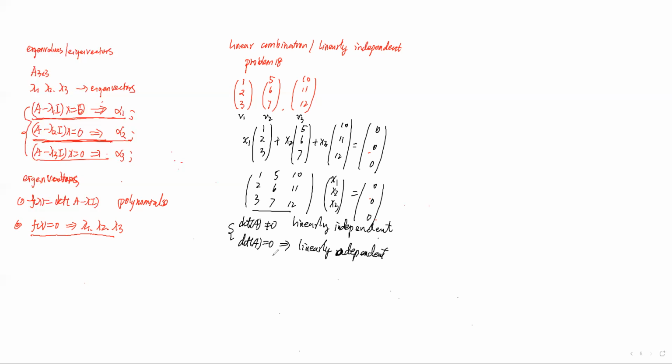But if the problem asks you, if it is linearly dependent, to find the linear combination, you use the other method. If the first case happens, this method is fine. But if the second case happens, this method doesn't work, because by this method you cannot get the linear combination.